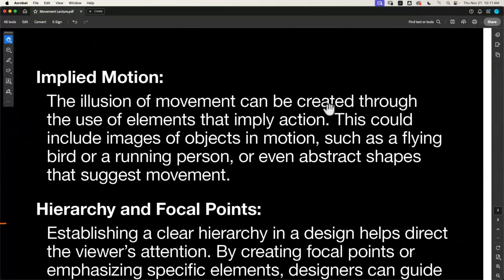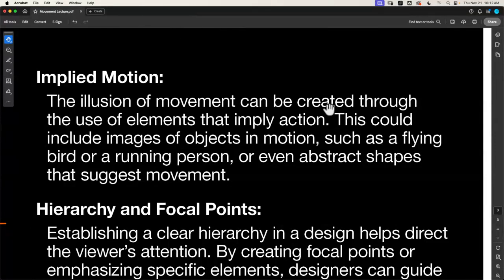We don't need to overly do it. I'm trying to think of the best way. There are times when you think, if I blur it, it's going to look like it's moving. But what if I just do something different and it's simpler? Implied motion can really change the way we look at things.